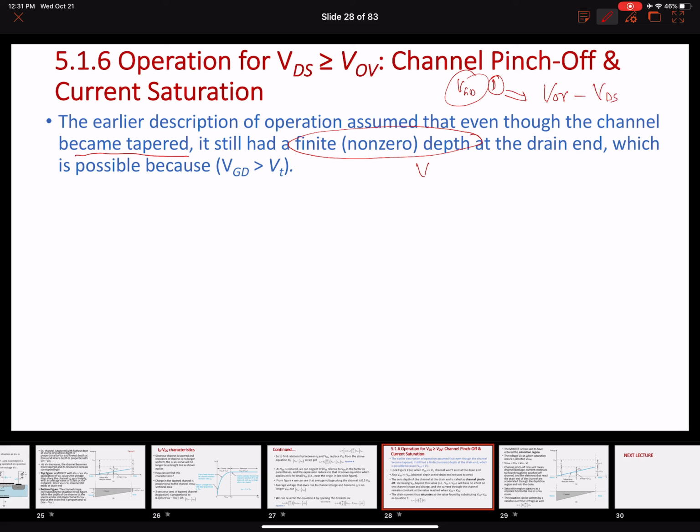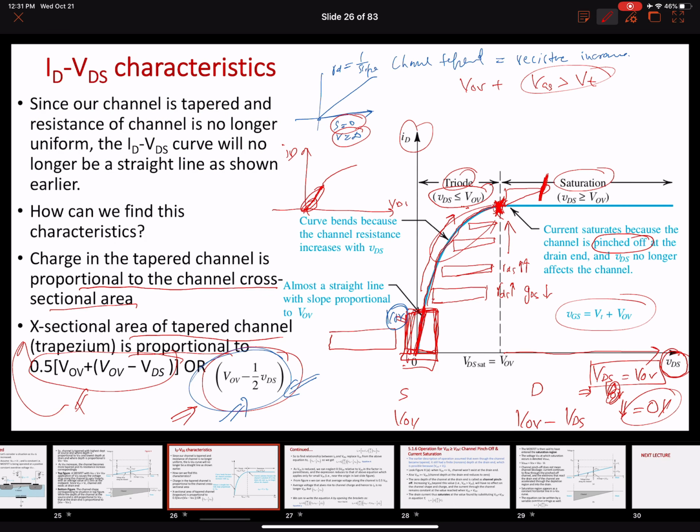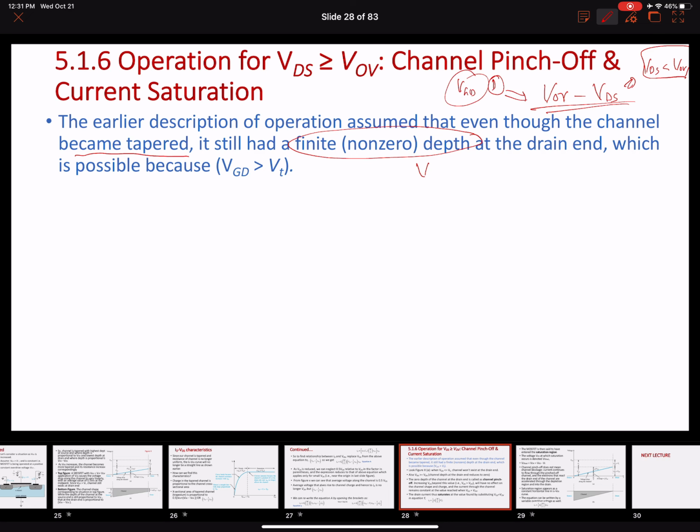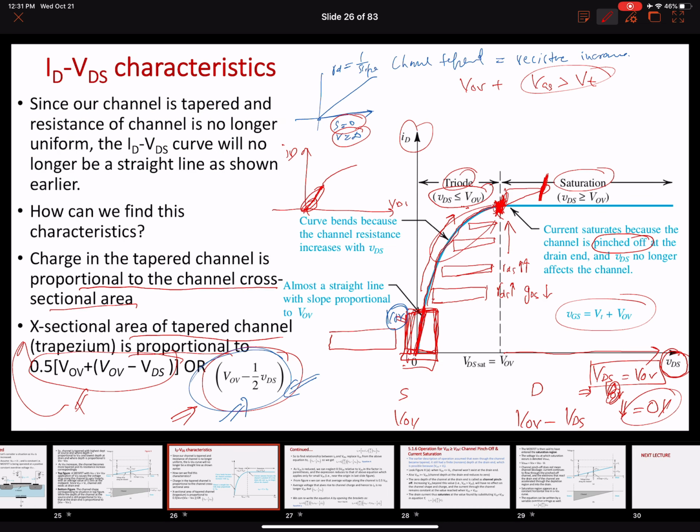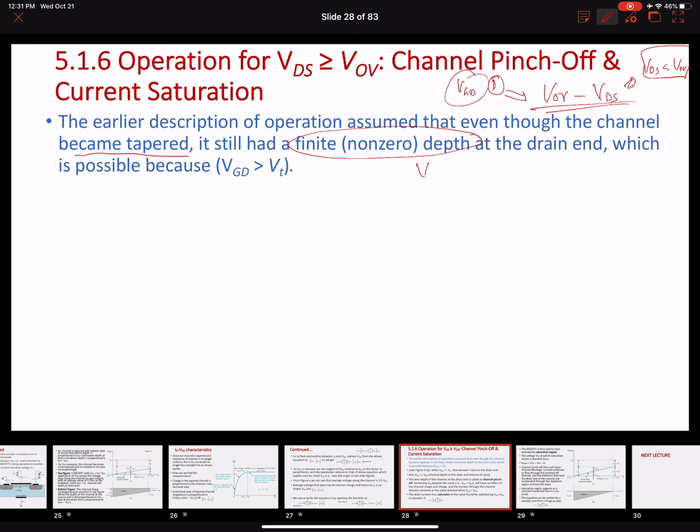So for the triode region, we assume VDS is less than VOV, it has not yet reached VOV. Until this point we still have non-zero depth. Exactly at this point, we are going to pinch off.